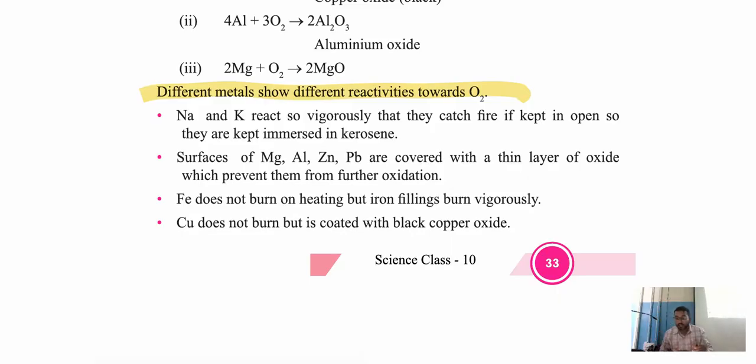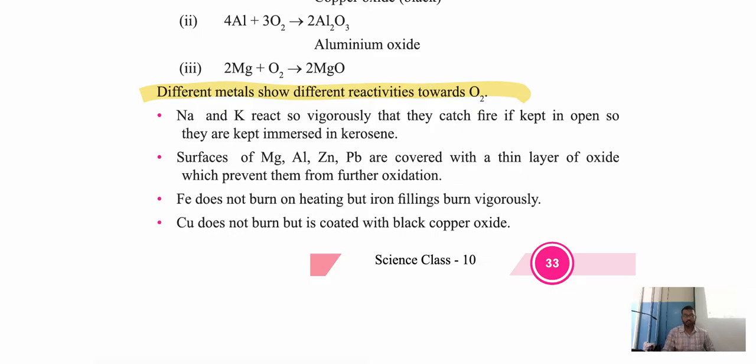Just take one sodium example. Just open sodium, keep it here. See here and see here, sodium is not there. In our atmosphere we have oxygen. Just open the sodium, keep it here, turn your face away and turn back, and sodium is not there. It reacts so fast. That is called vigorously.